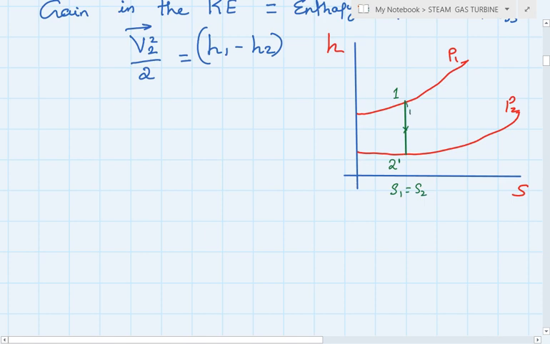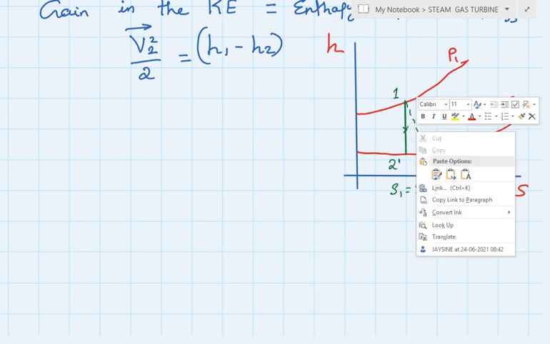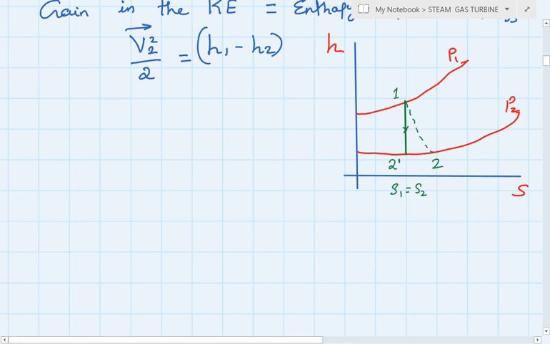But practically, due to friction, there will be a small deviation, let me write that as 2. So this is what we are going to find. There is a small entropy drop that has happened in the process 1 to 2.